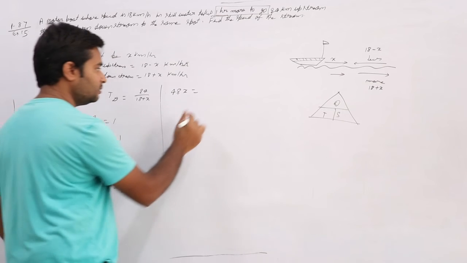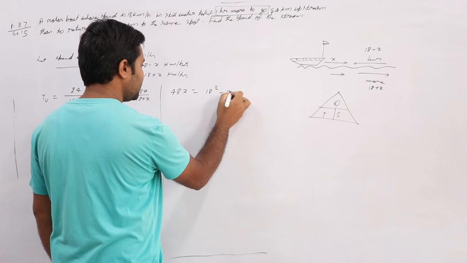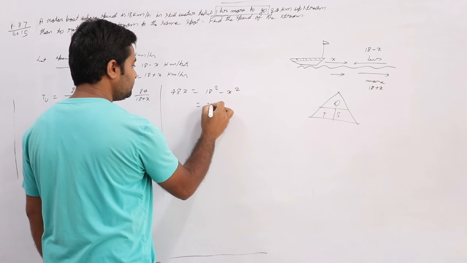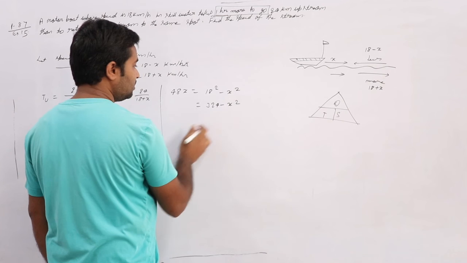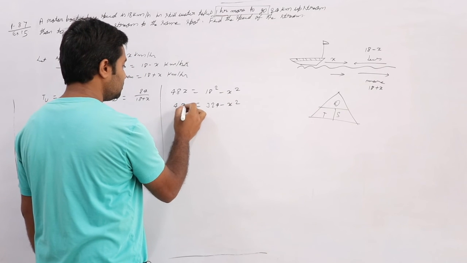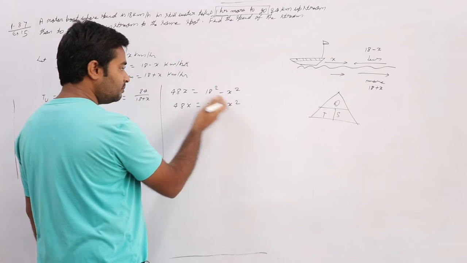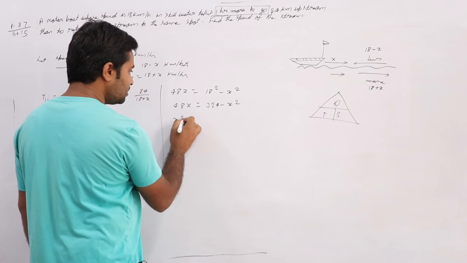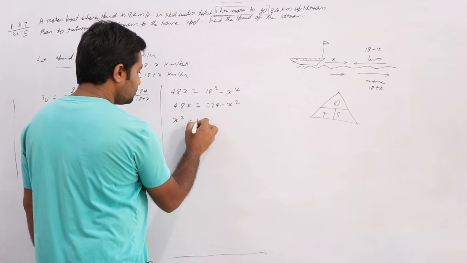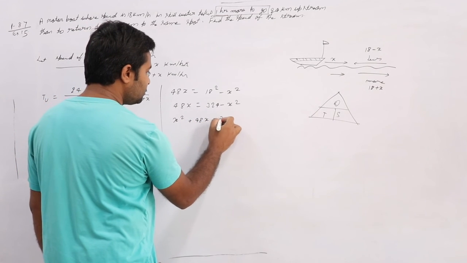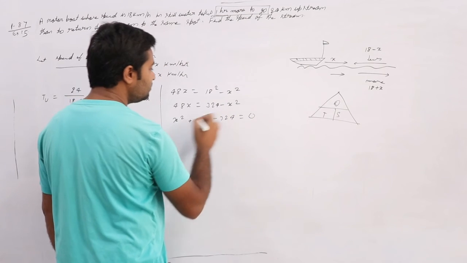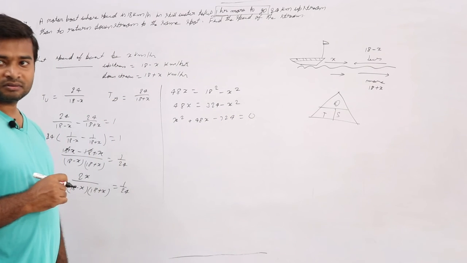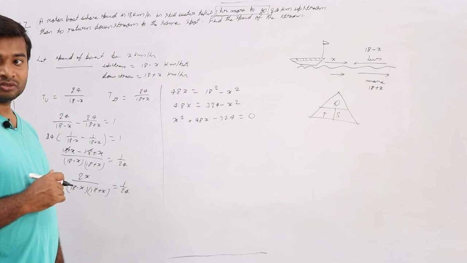Means 18 square minus x square, 18 square how much did you say? So all terms bring to this side: x square plus 48x minus 324 is equal to 0. Correct?